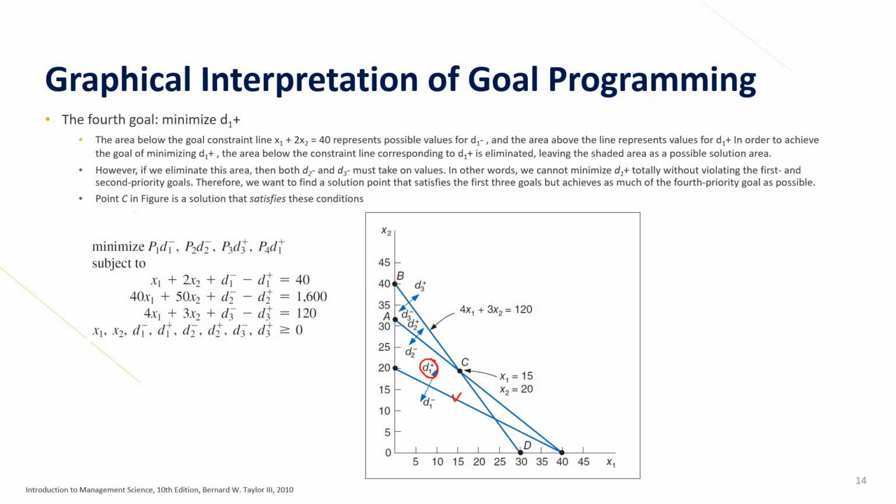Since we want to minimize D1 plus, the area corresponding to D1 plus is going to be eliminated.